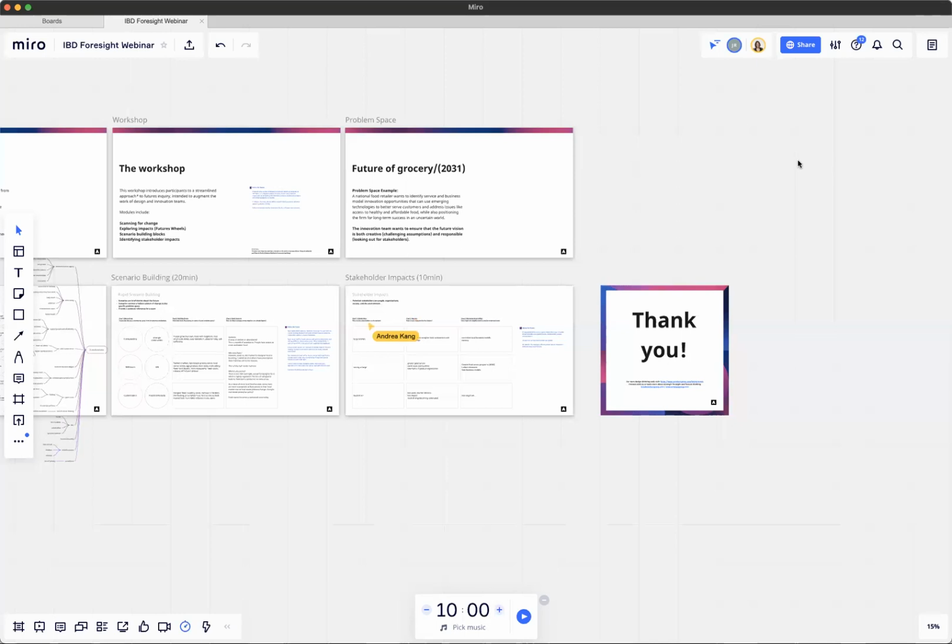The proper way of doing it, if you were truly engaged in a participatory process, would be to engage the community you're designing for and with in the creation of the futures, as well as the application of them. That's actually a really important point. So it's not something that's done in isolation in an ivory tower. It's something that is truly an augment to the human-centered design and participatory design process.